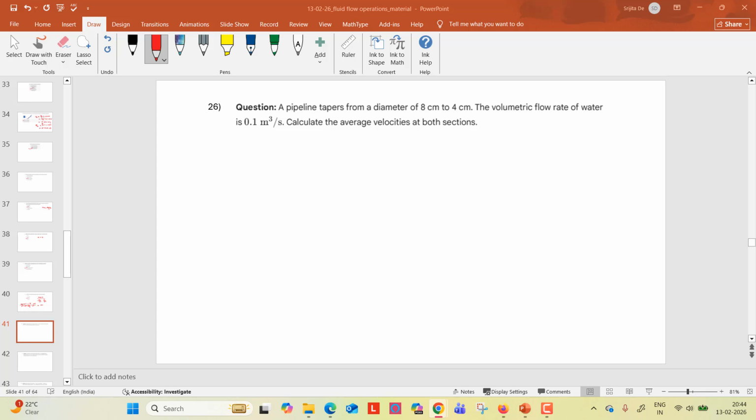So to calculate the average velocity, V1 equals Q, which is 0.1, by pi into 0.08 meter square by 4, equals around 19.9 meter per second.